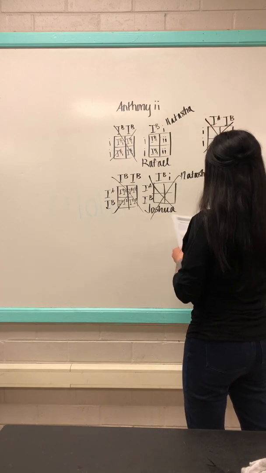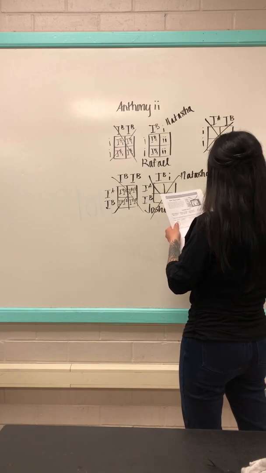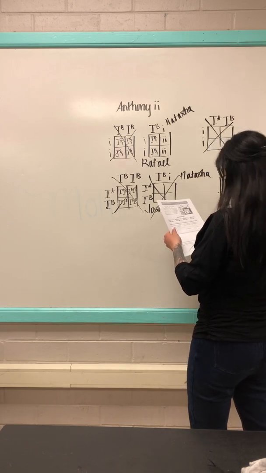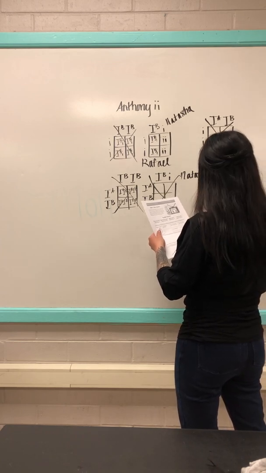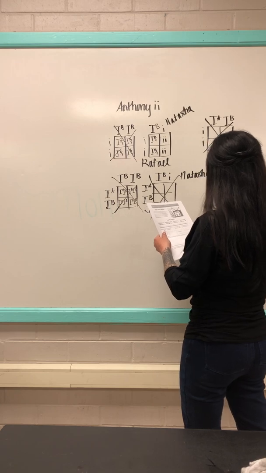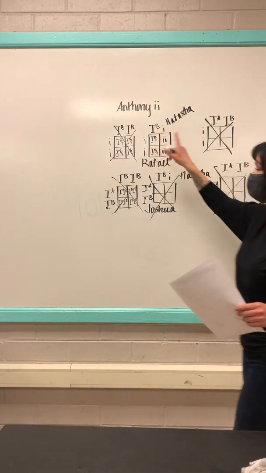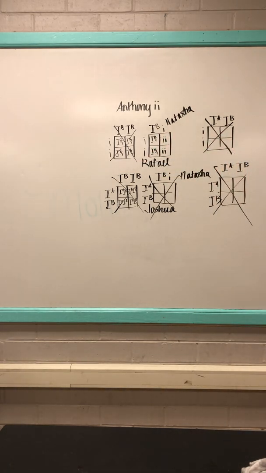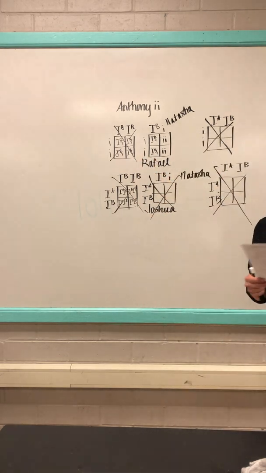No. Okay, and if she's IA IB, and Joshua is IA IB, can it be that? No. So who did it have to be? Raphael and Natasha. Natasha and Raphael. Alright, so the mother is Natasha, and she's IB i, and then the father is Raphael, who is blood type O, so he's two recessive i's.